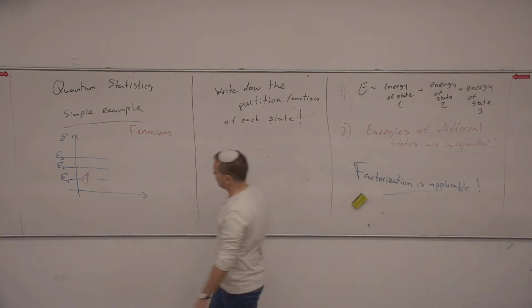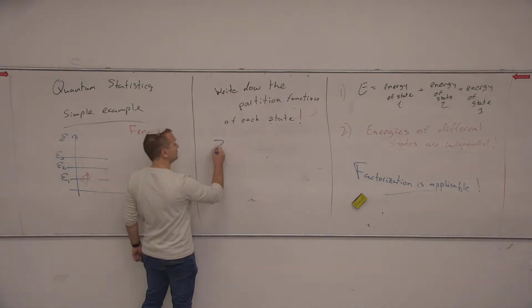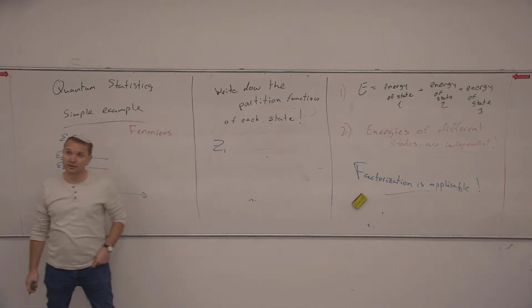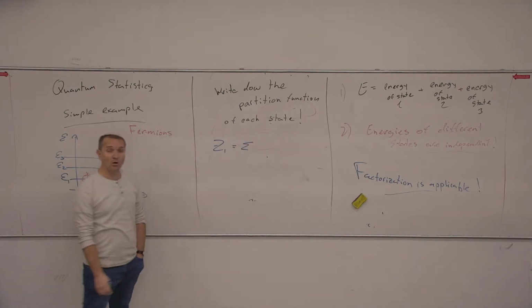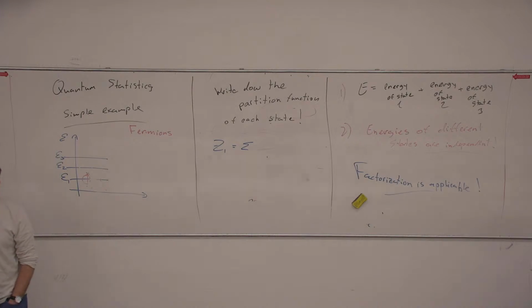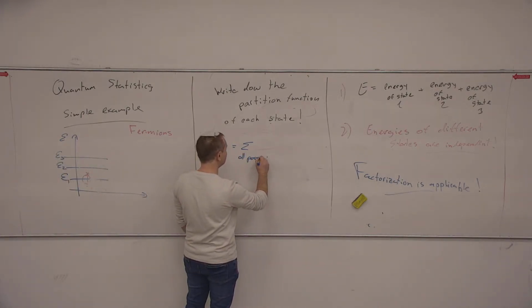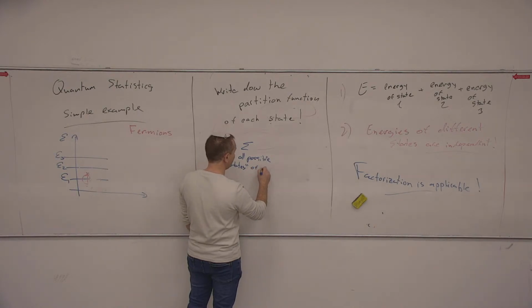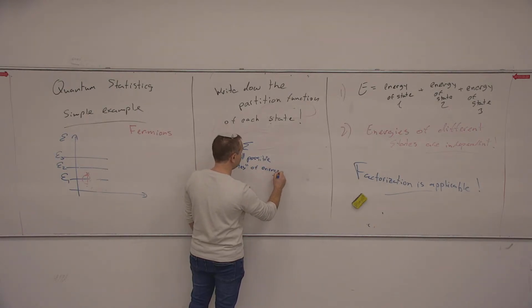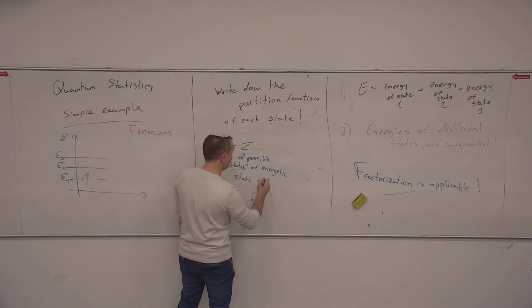First, we have the state with epsilon 1. So what is Z1? Z1 is a summation over what? Of all possible states of energetic state epsilon 1.